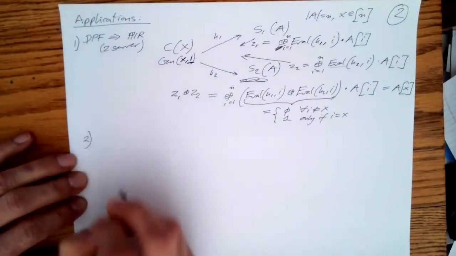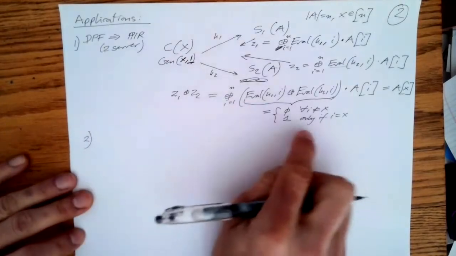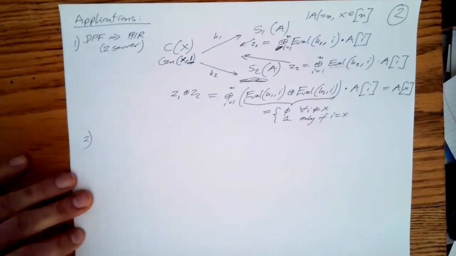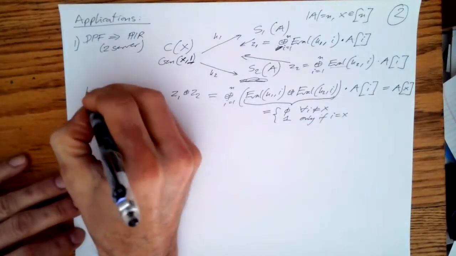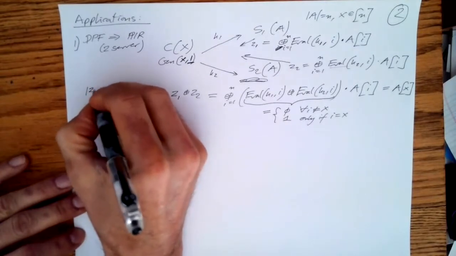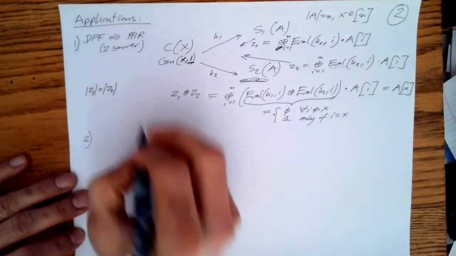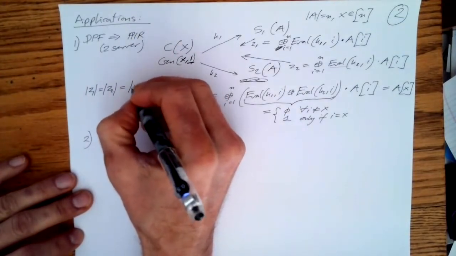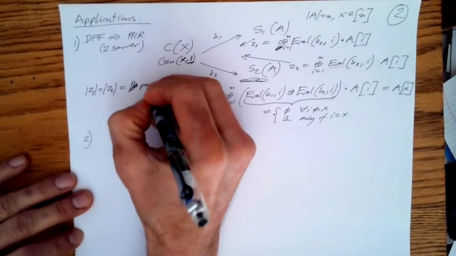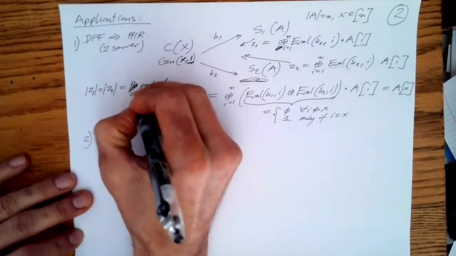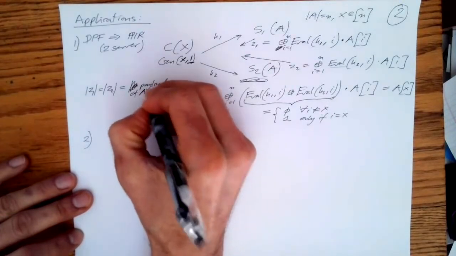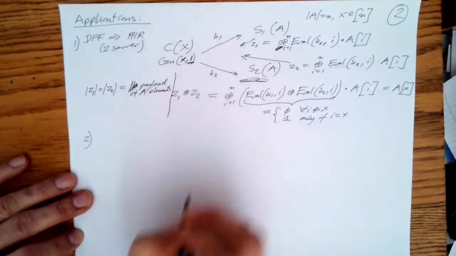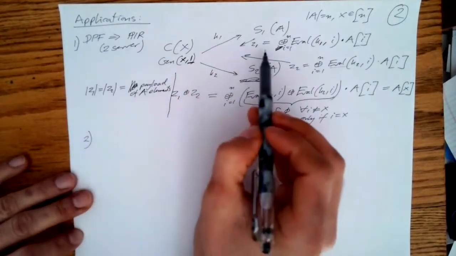Okay, so what is the bandwidth of this? Z1 and Z2 are just the payload of the array elements.